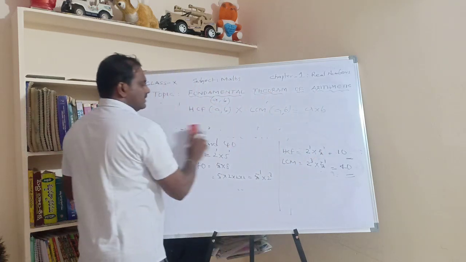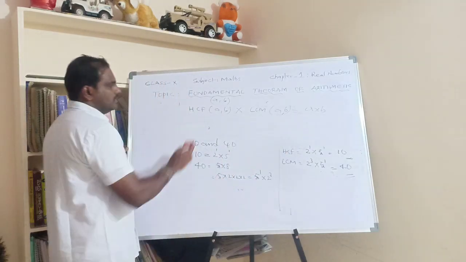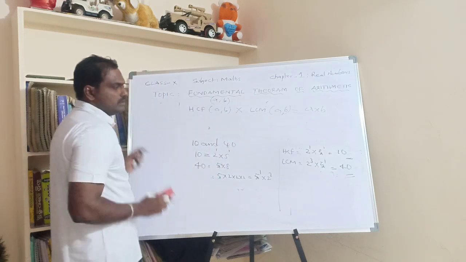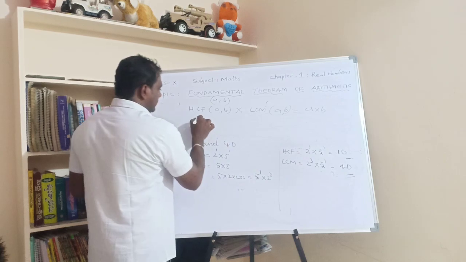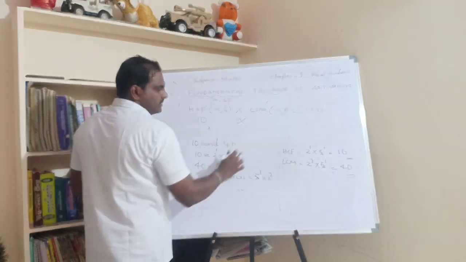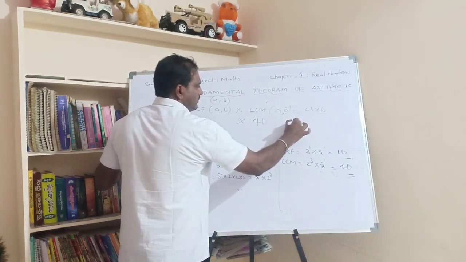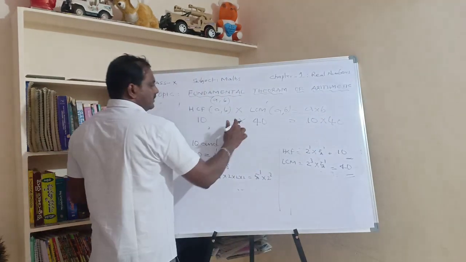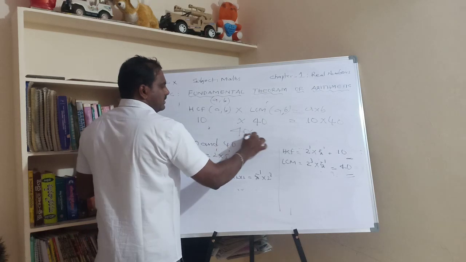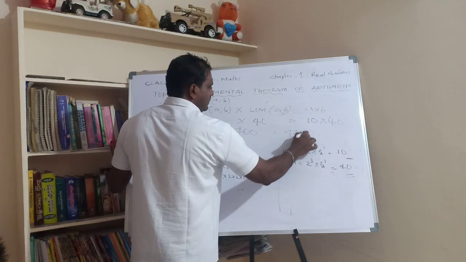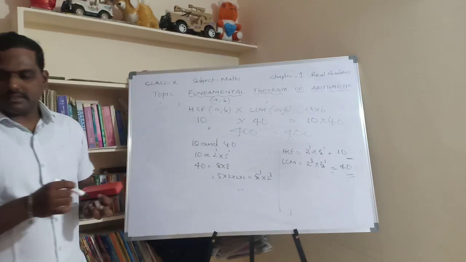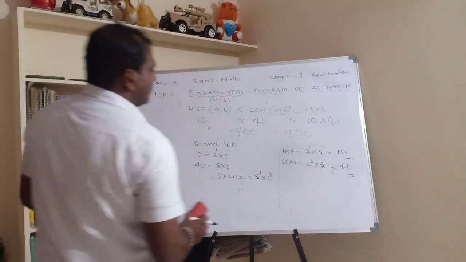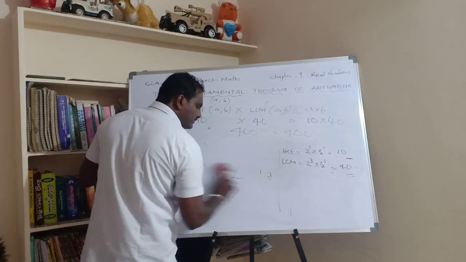That is the statement. For example, A is 10, B is 40. The HCF is 10, the LCM is 40, and the product of the numbers is 10 into 40, which is 400. 40 into 10 is 400. Both are the same. So the formula is: LCM of two numbers into HCF of two numbers is equal to the product of the two numbers.